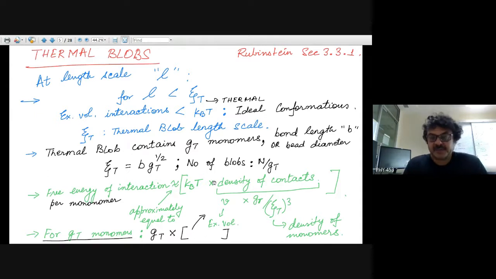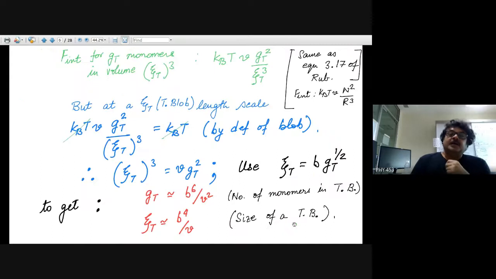So kBT into density of contacts into this, and so on. Now the question we are asking is over what length scale? What I've written is the same thing: the free energy of interaction for GT monomers in volume zeta T whole cube is equal to kBT into v into GT squared upon zeta T whole cube.